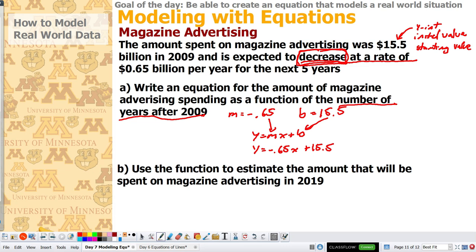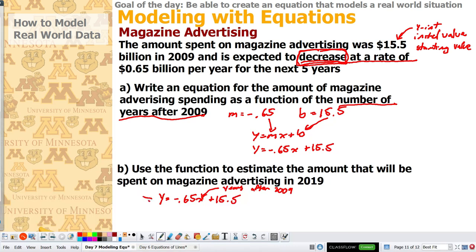Now it says use that to figure out the estimated amount spent for magazine advertising in 2019. All right, so we're going to use that y equals negative 0.65x plus 15.5. And again, here, what do you plug in here? You don't plug in the year, you plug in the years after 2009.